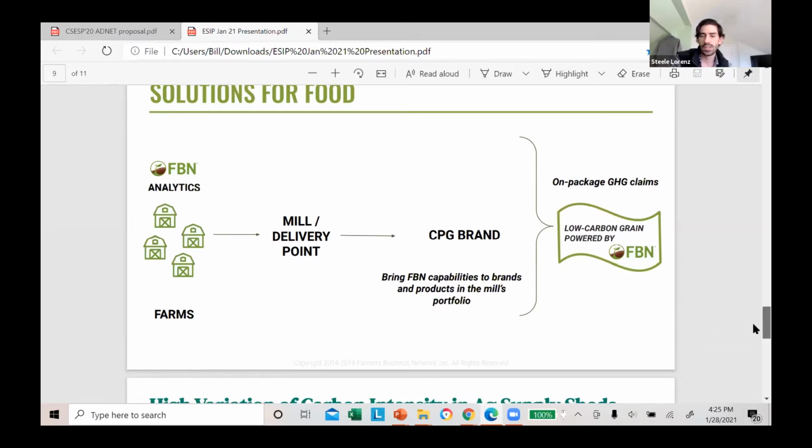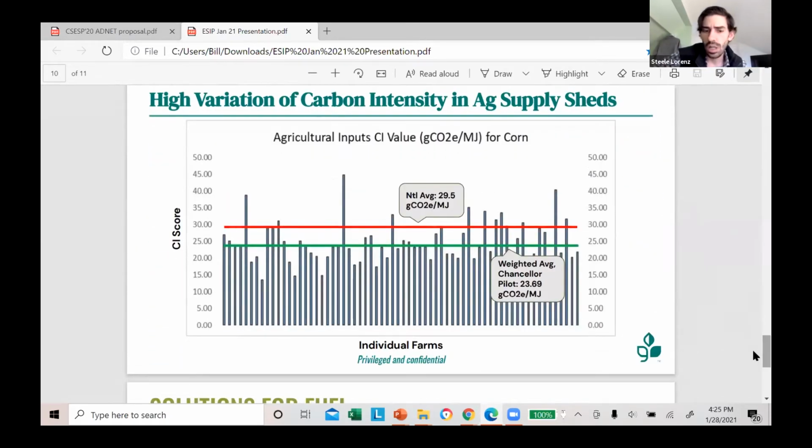Next slide. And I'll end here. I may have one slide after this, but this is really important information on what the opportunity is for decarbonization in agriculture. What you're looking at is a graph that measures the carbon intensity of corn feedstock for an ethanol plant in South Dakota.